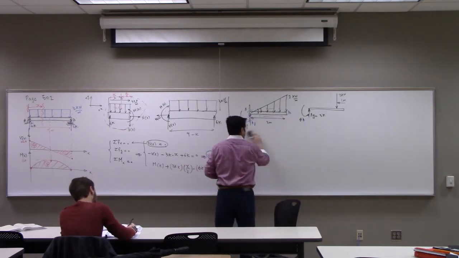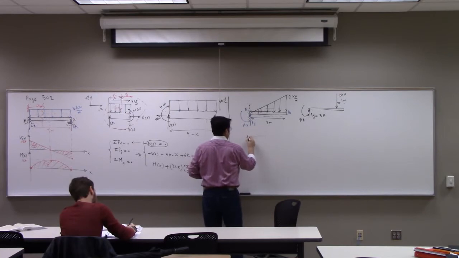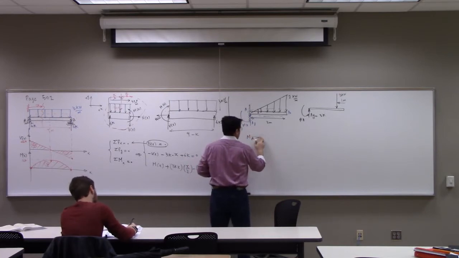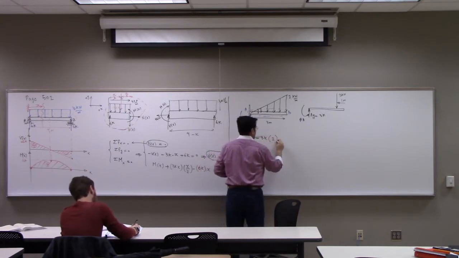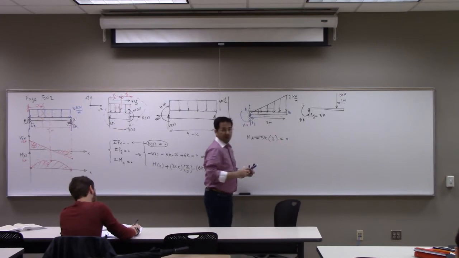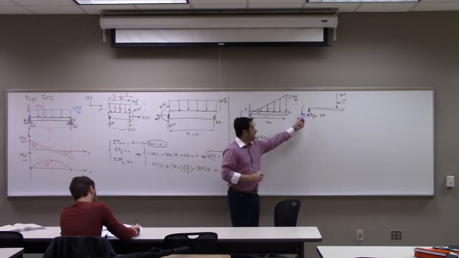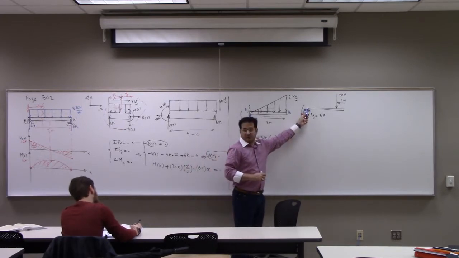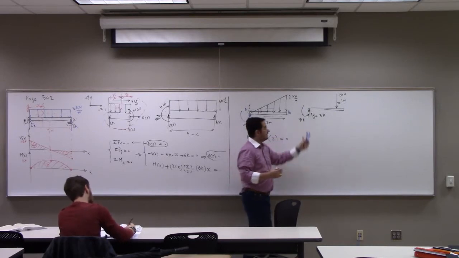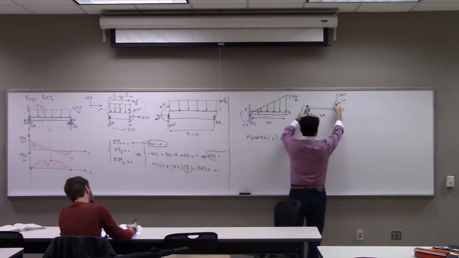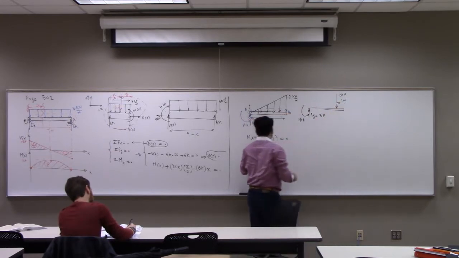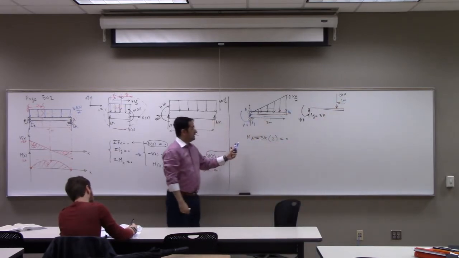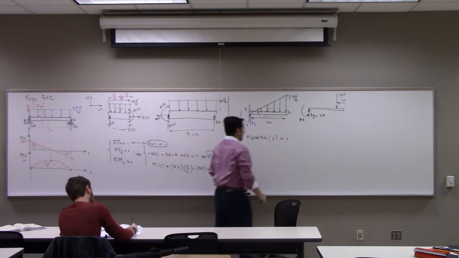What about MA? Summation of moment about A, which is MA plus negative 3K times 2 is equal to 0. I chose my reference point right here to get rid of AY. So you get positive MA, negative 3K times this distance. If that's 1, then that's 2. So negative 3K times 2 plus MA is equal to 0.